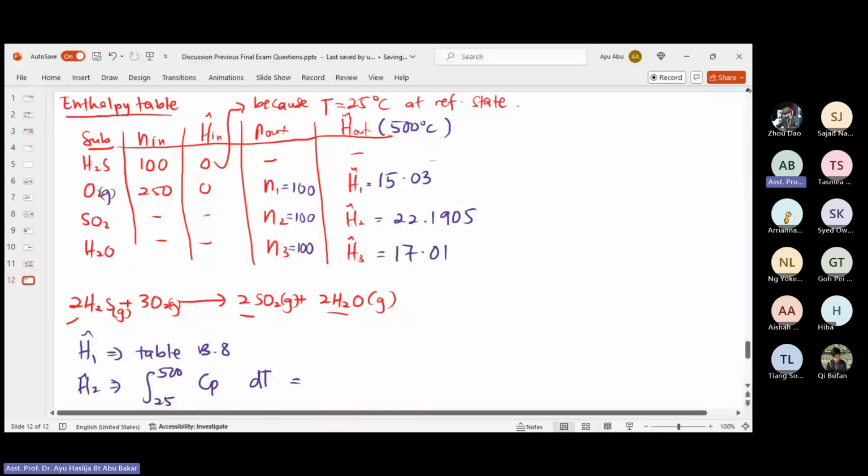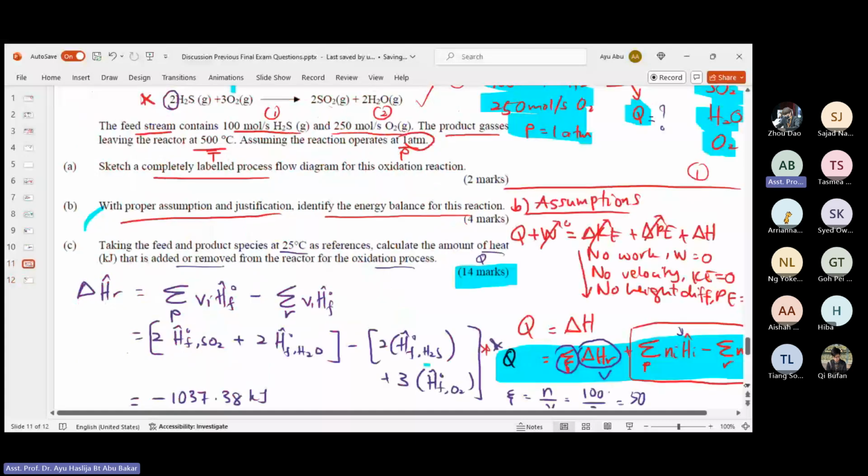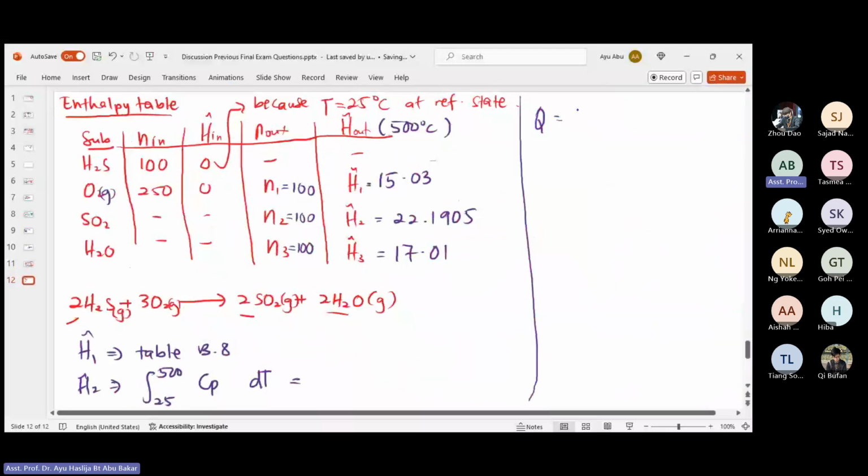Main equation, this equation. So Q equals the standard reaction.